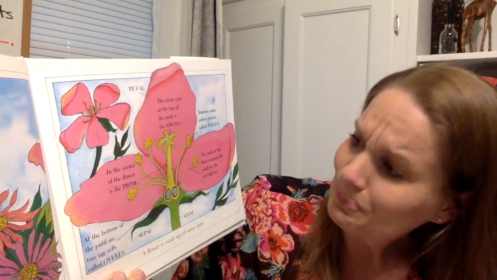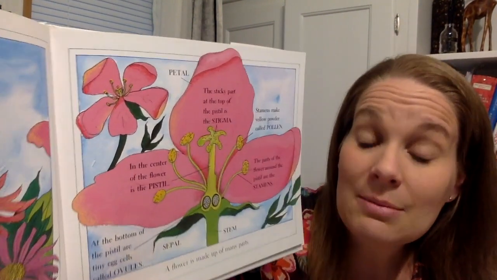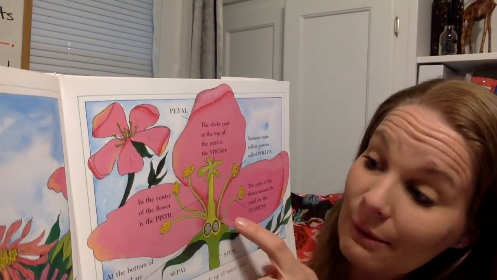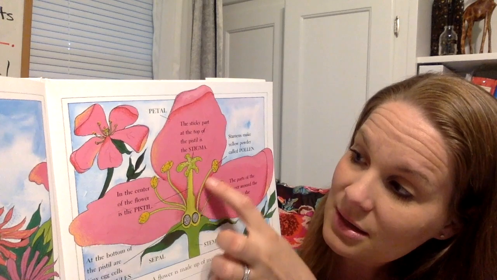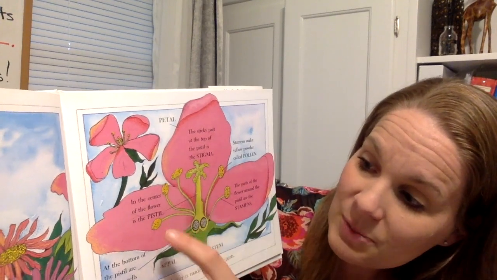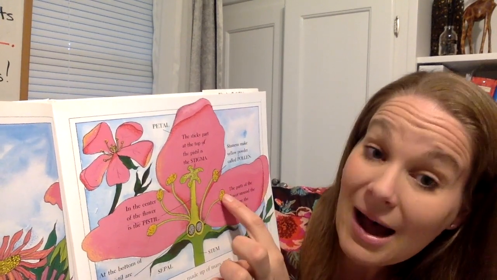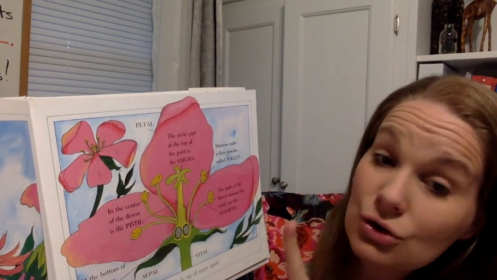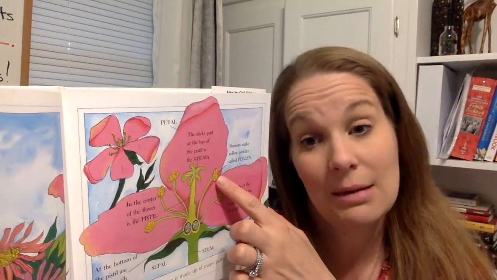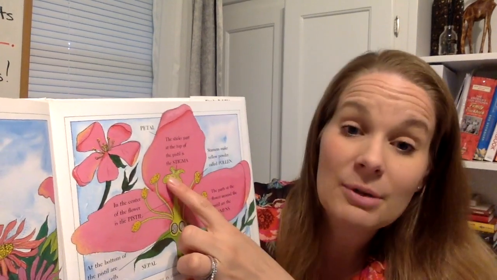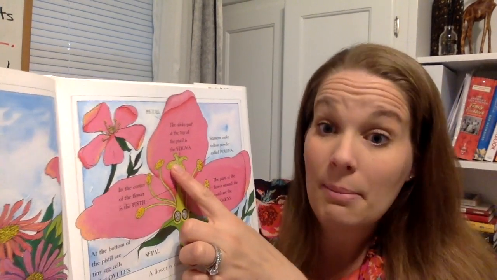The second big part on the inside is called the stamen, and each flower has many stamens. Each one of these is a stamen. So in this picture, there's 1, 2, 3, 4, 5. And on the stamen, there's 2 parts. The stamen makes the pollen. The stigma's trying to get the pollen.